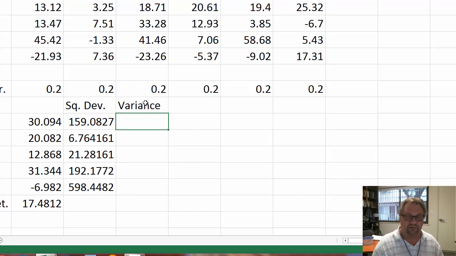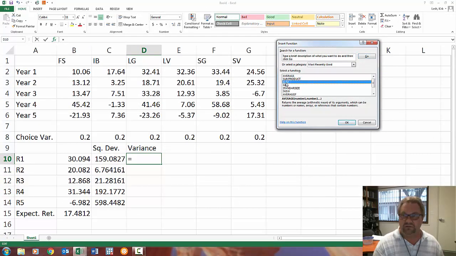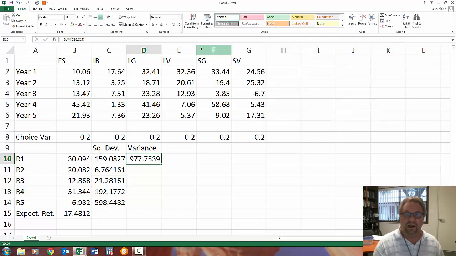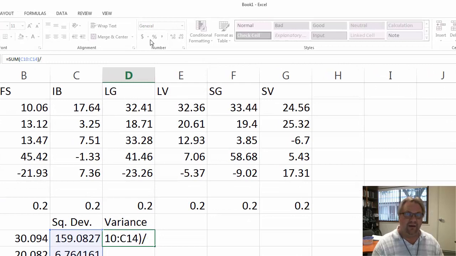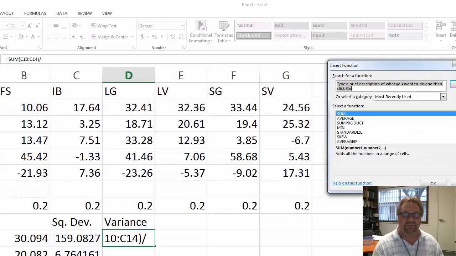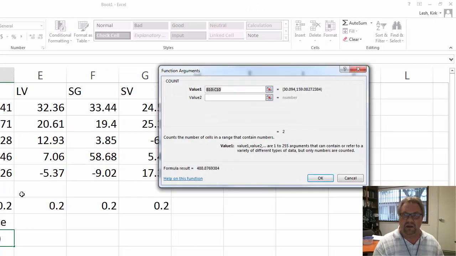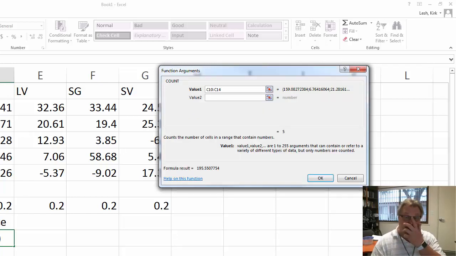So here is my variance. The easiest way to do that is the sum of the squared deviations. Okay. And then let me show you a little trick. Then divide and then use the count function. So count. Okay. And then count how many observations. That's all the count function does.